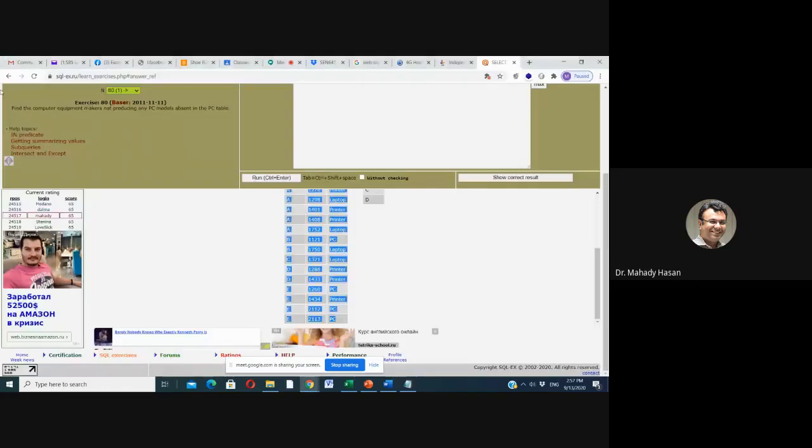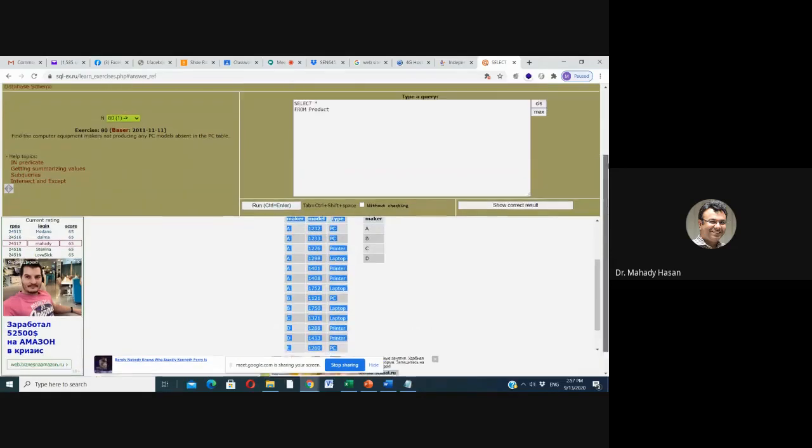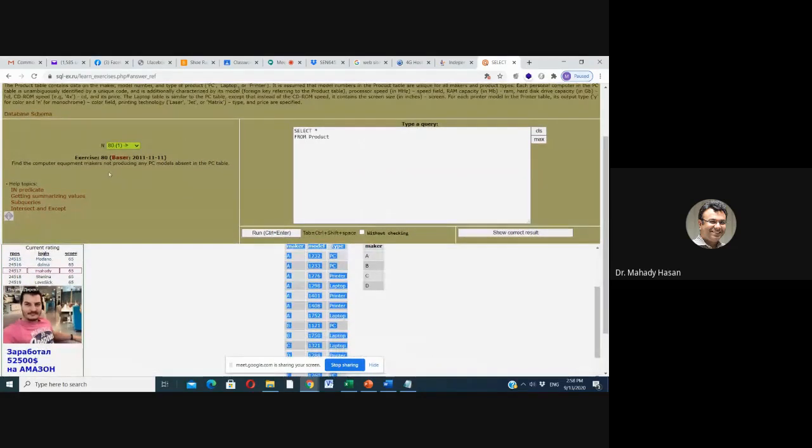Now let me go to the question again. Find the computer equipment makers not producing any PC models absent in the PC table. So the makers should not be producing any PC that is absent in the PC table.